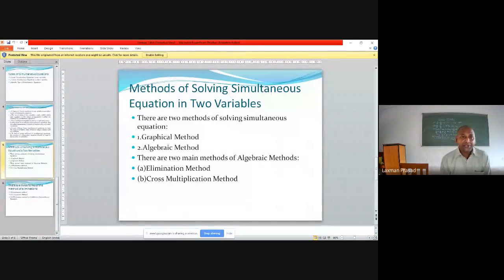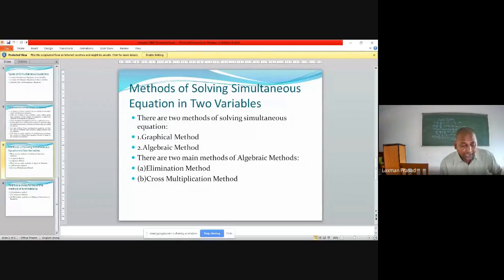If you are interested in solving simultaneous equations in two variables, the route or the way is the graphical method, the graph. We all know that when we talk about graphs, to solve two simultaneous equations in two variables by the graphical method, we proceed as follows.